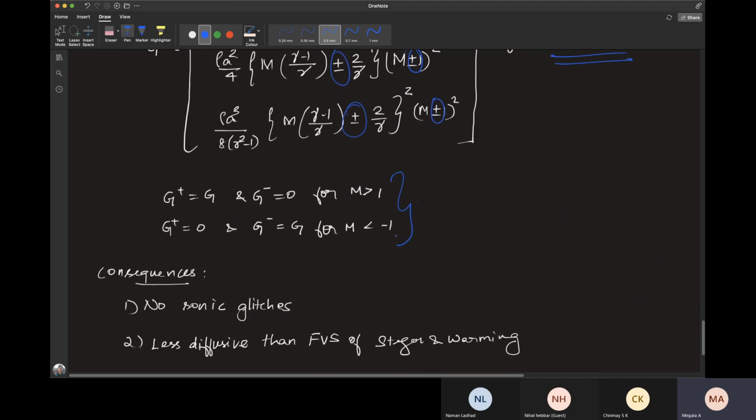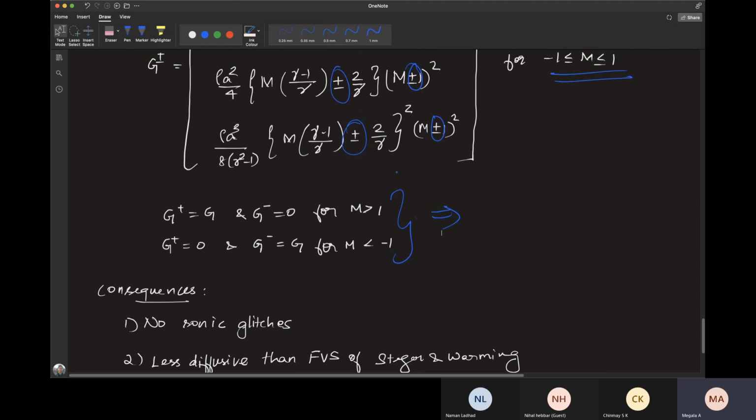For supersonic flow conditions, we already know that these will be the conditions. That is, for supersonic flow towards right, G will be completely G plus, and for supersonic flow towards left, G will be completely G minus. These will be the expressions for supersonic flow.